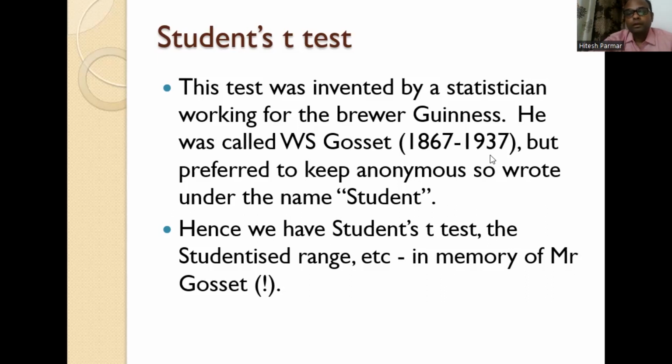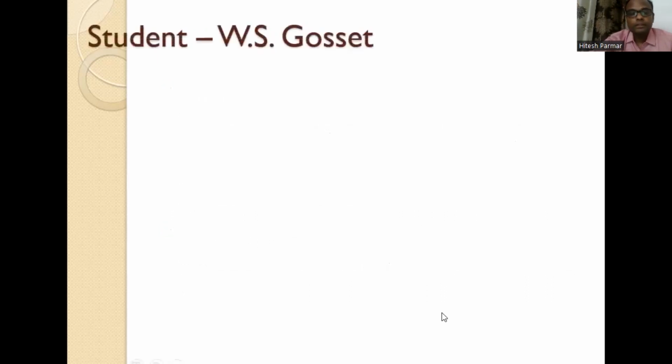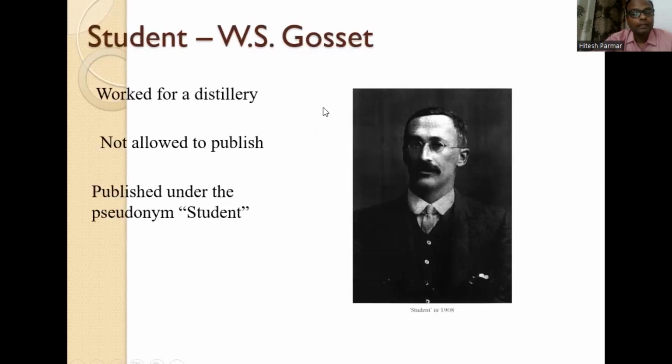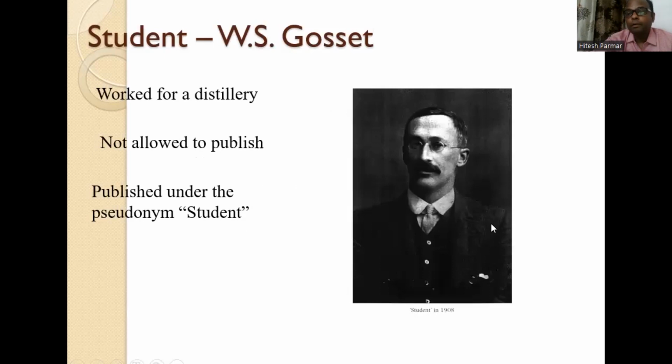So he gave some alternative idea. This is a picture of Mr. Gossett. He gave some alternative idea that I will not use my name, I will not use our organization's name. Let me use the word student, and let the work be published as a student's work, so that the competitor will not be able to understand that it is our organization's work.